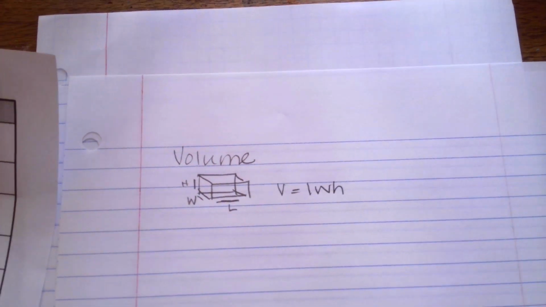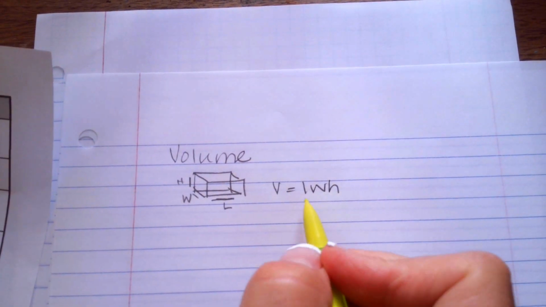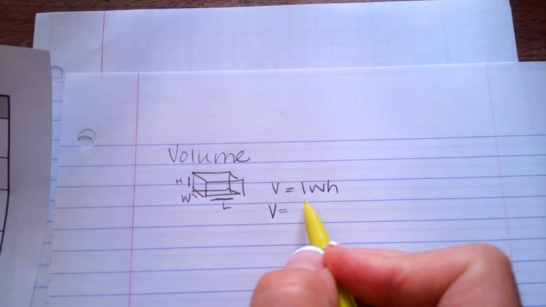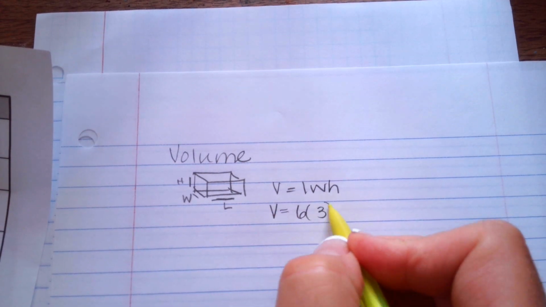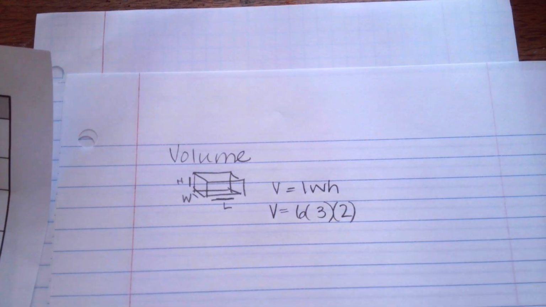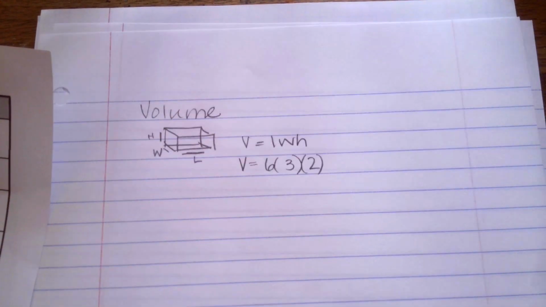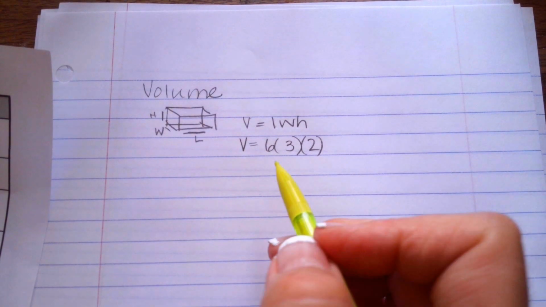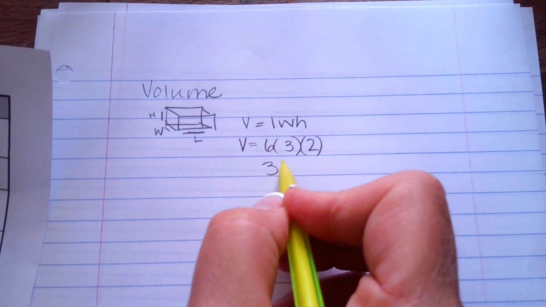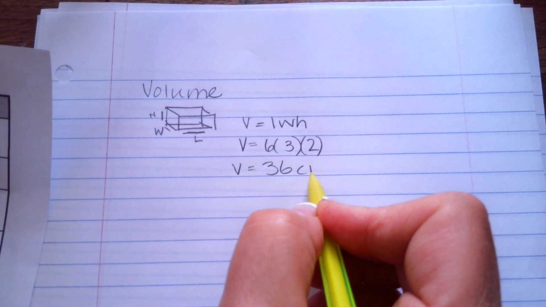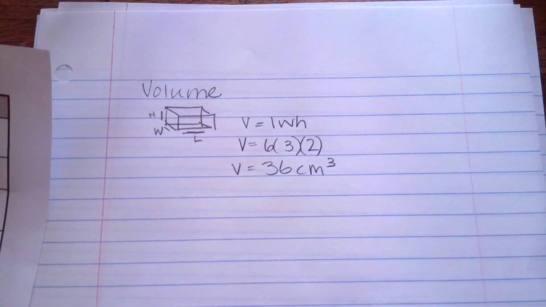So if our volume is length 6, width 3, and height 2, you just multiply all of those together. So we're going to do 6 times 3 is 18 times 2, volume equals 36. We'll say it's centimeters, and it's in units cubed.